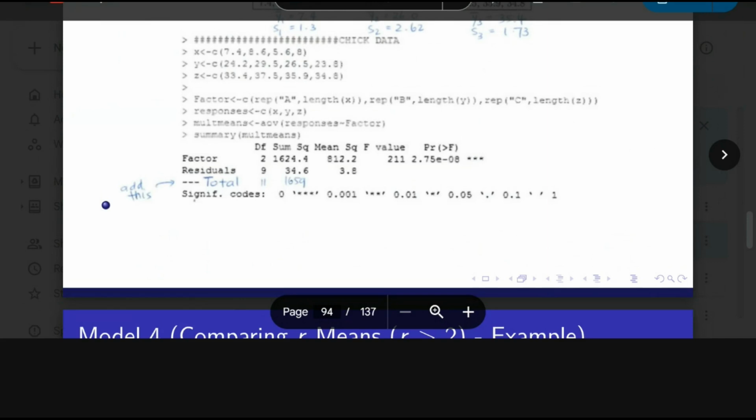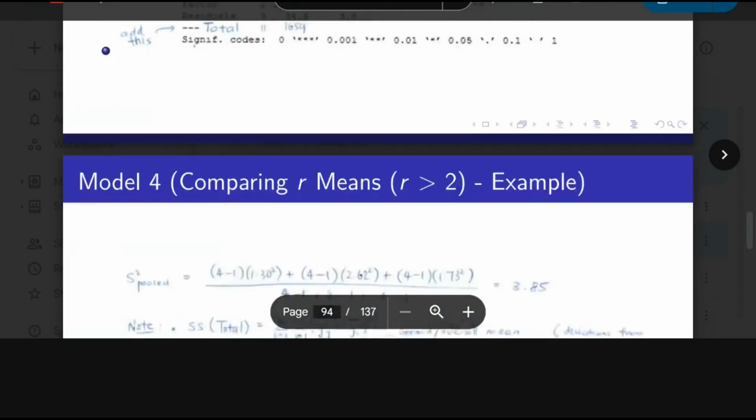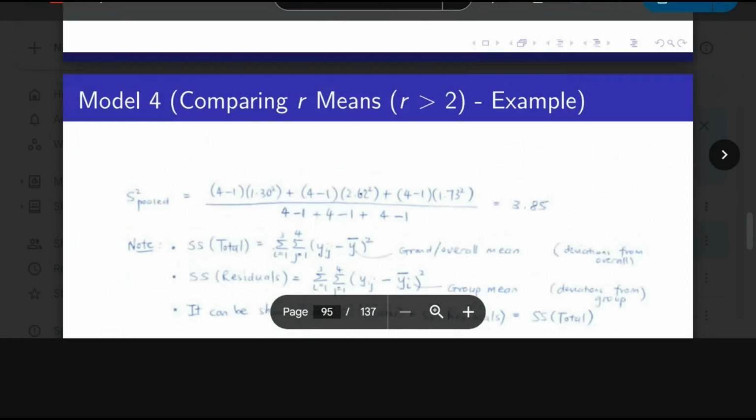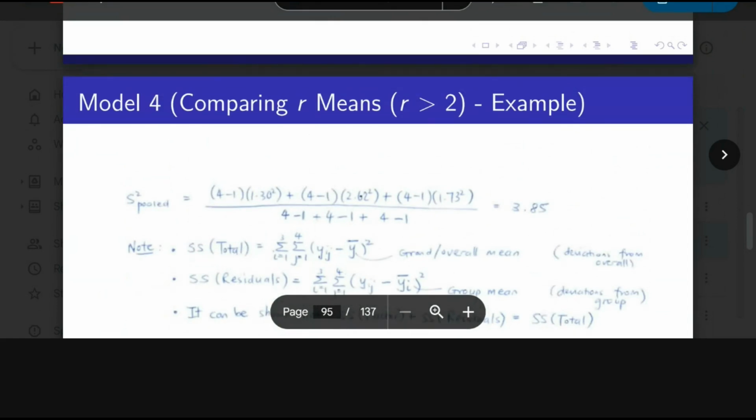Let me explain. If you look at the formula, it comes from doing this. SS total is the summation across all feed types and across all chickens. For each feed type, you go from chicken number 1 to 4. Notice what you're subtracting, the grand or overall mean.